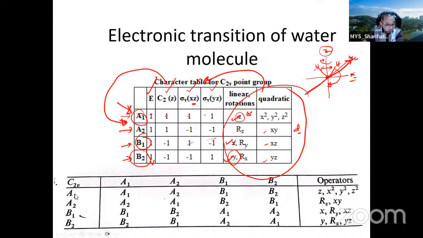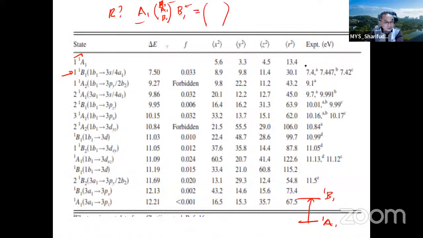So A1 times B2 is B2. B2 times B1 is A2. So the first result is A2.